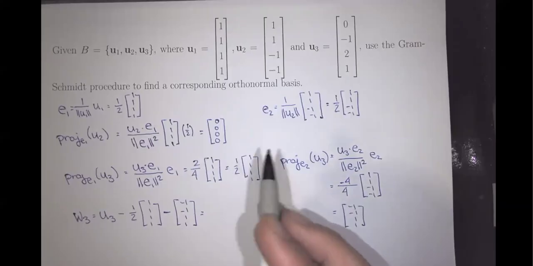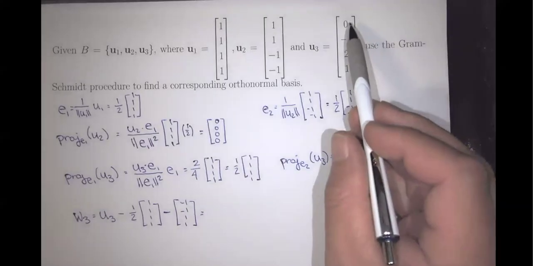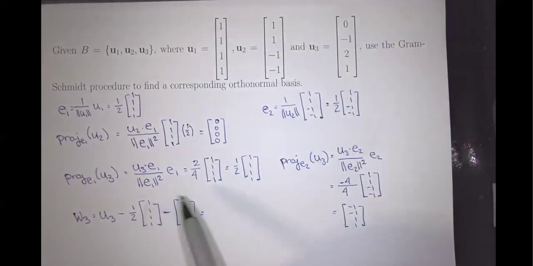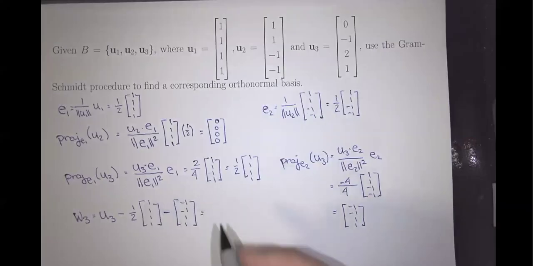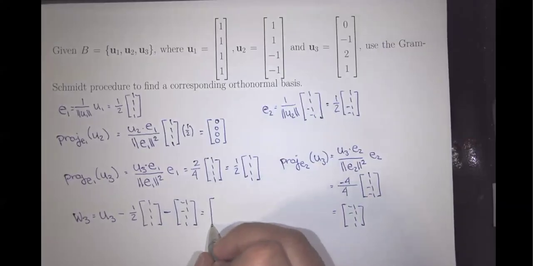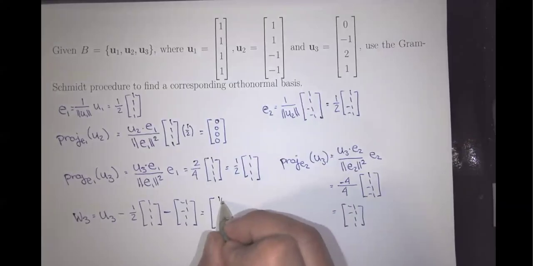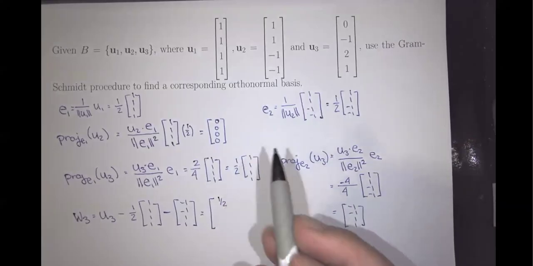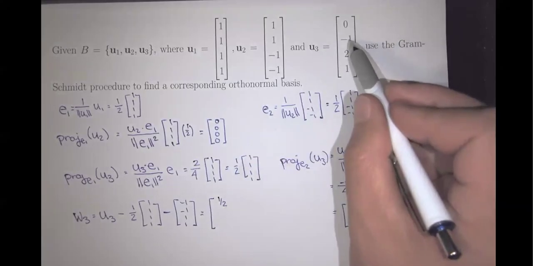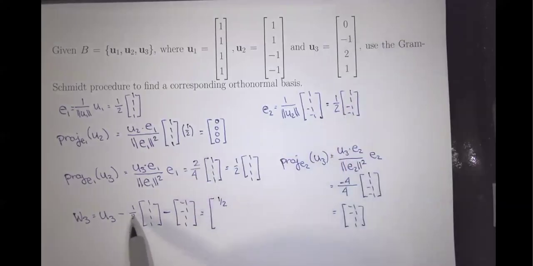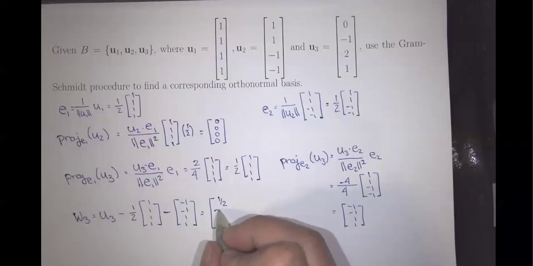And so we get U3 is 0 minus a half plus 1 is plus 1/2. Then we get negative 1 minus a half. So that's minus 3/2 plus 1. So that's minus a half.